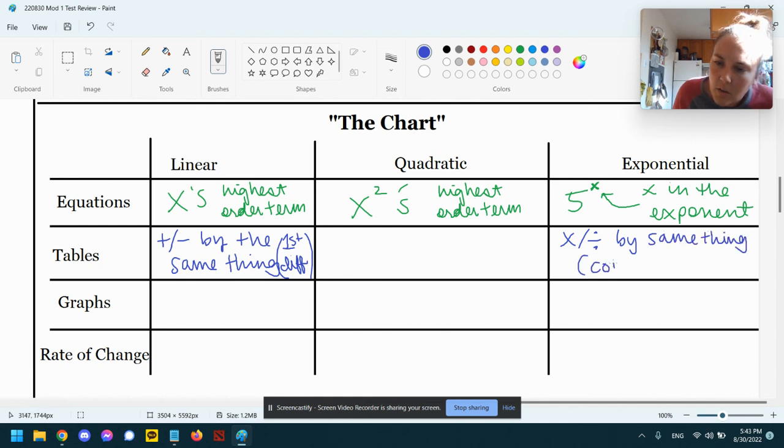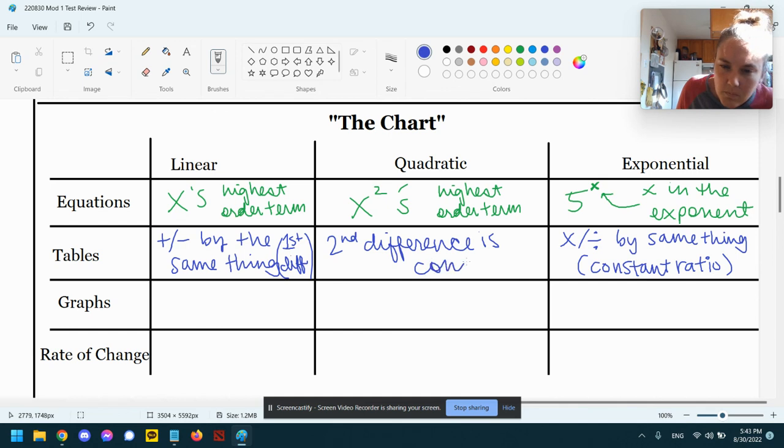We call that the constant ratio. Then for quadratic, the second difference is constant. So this is how to check whether it's linear, quadratic, or exponential using a table.